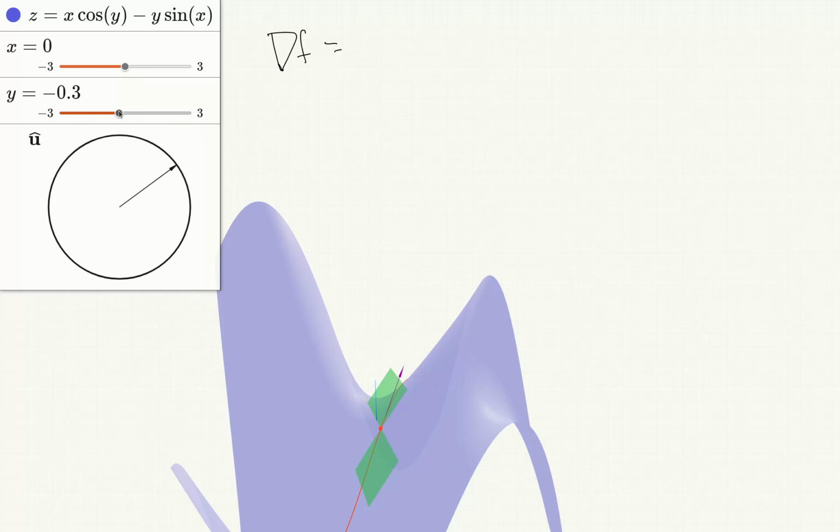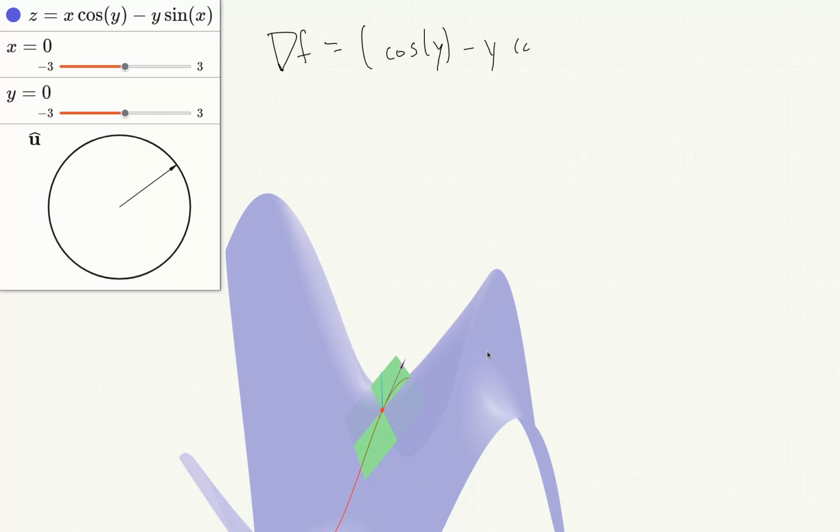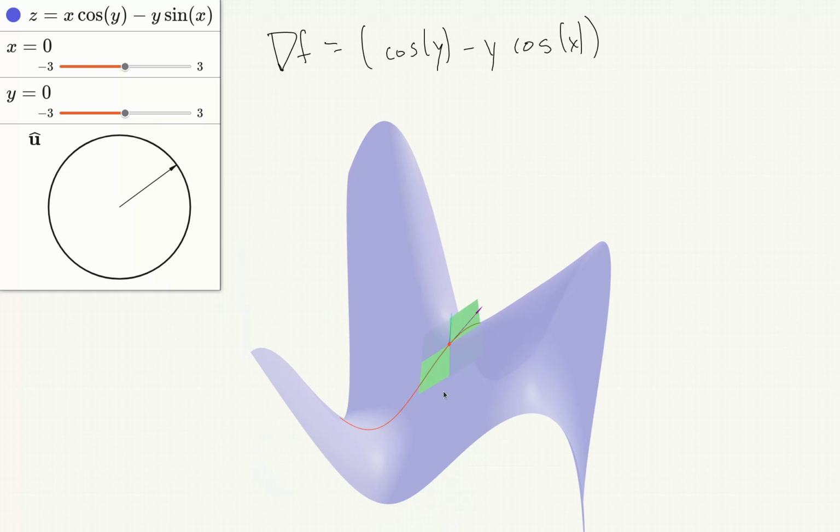So this we found was cos y minus y cos x times i, and then minus x sine y plus sine x j.